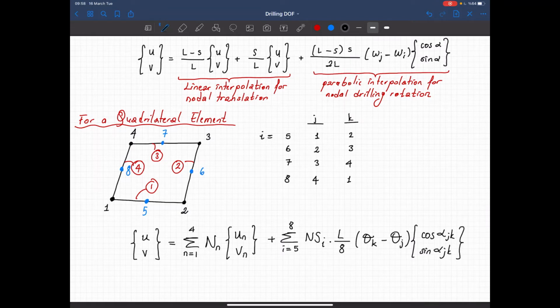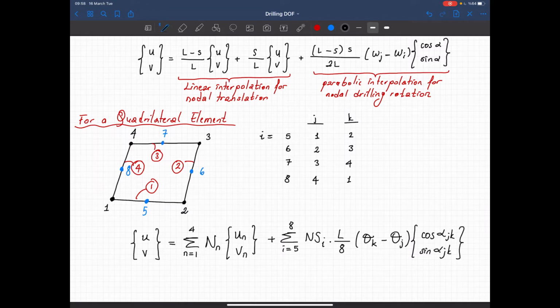Now for this element, this is the new interpolation function. This part for the translation degrees of freedom is exactly the same as the bilinear membrane element. Now we have the additional displacement field interpolation in terms of the nodal rotations. So this is our nodal rotation.